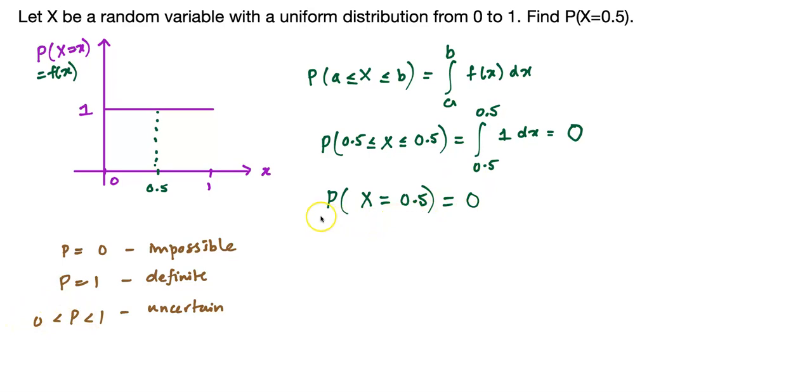And now, based on this logic of ours, we have reached the conclusion that the probability of x equaling 0.5 is 0, which means x can never equal the value 0.5, right? So does that mean that this is actually impossible from our conventional understanding of probability?